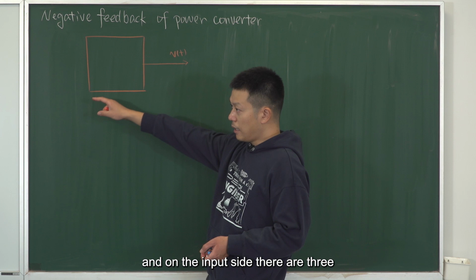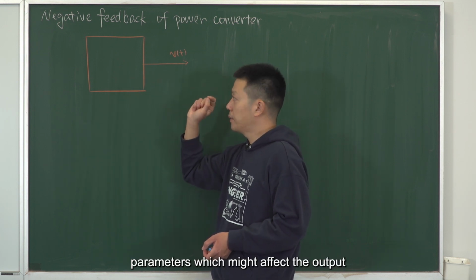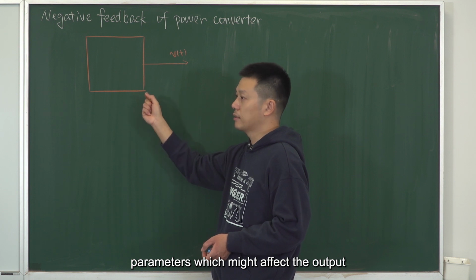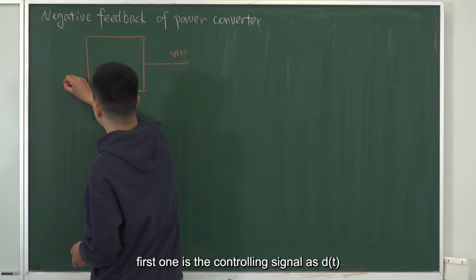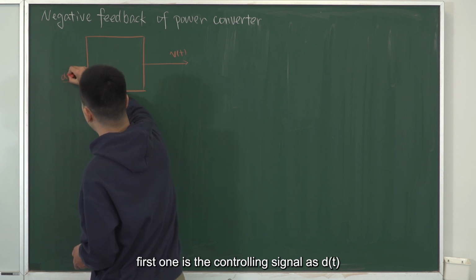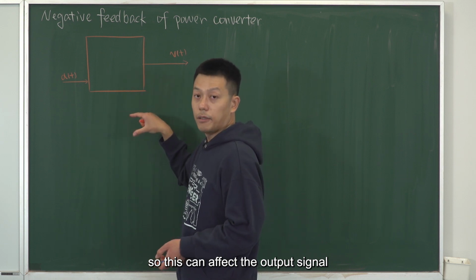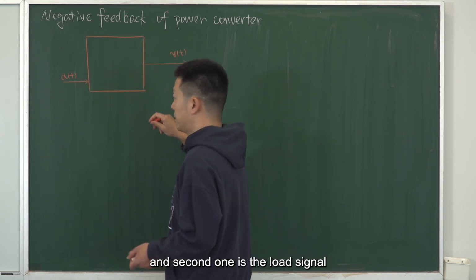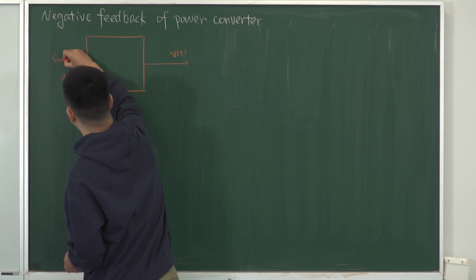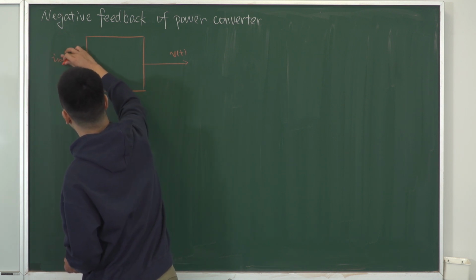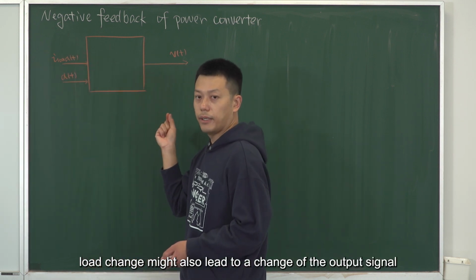And on the input side, there are three parameters which might affect the output. First one is the controlling signal, dt. So this can affect the output signal, right? And second one is the load signal. Load change might also lead to a change of the output signal.